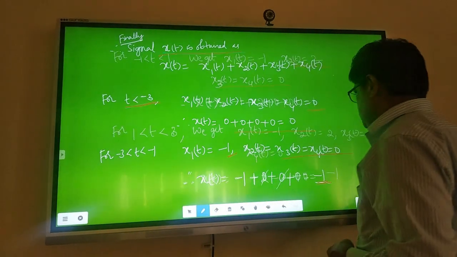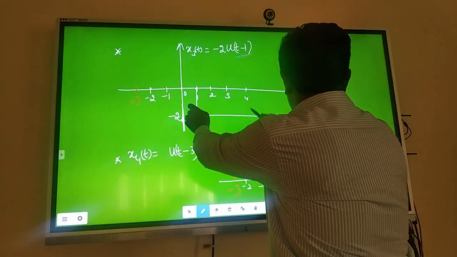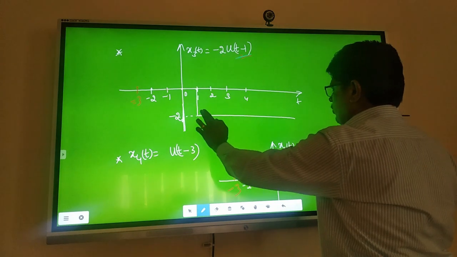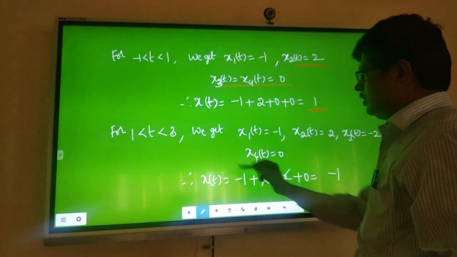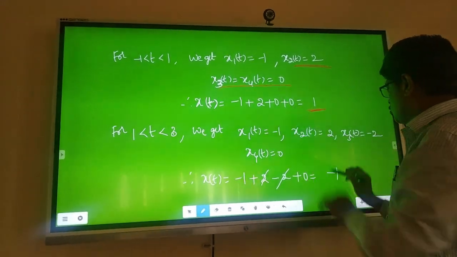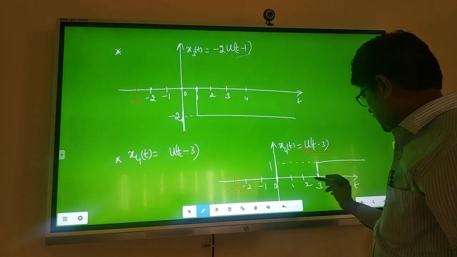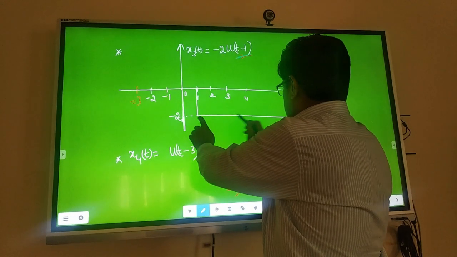Last page. For t greater than 1 and t less than 3, what happened? In the last case, we get x1(t) as minus 1, x2(t) as 2, and x3(t) as minus 2. See this? Between here and here, the value of x3(t) is minus 2.